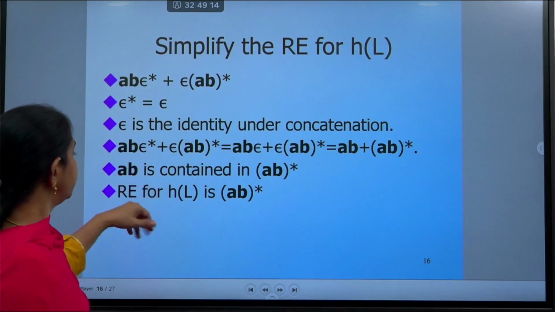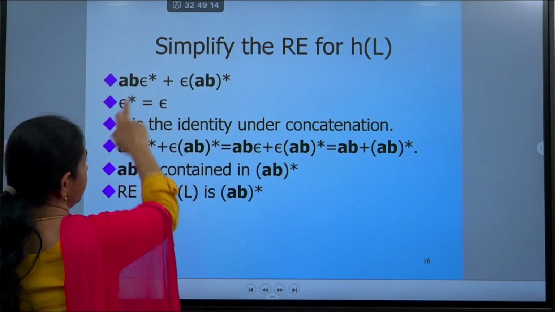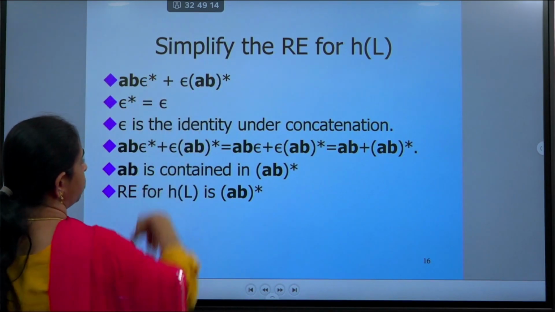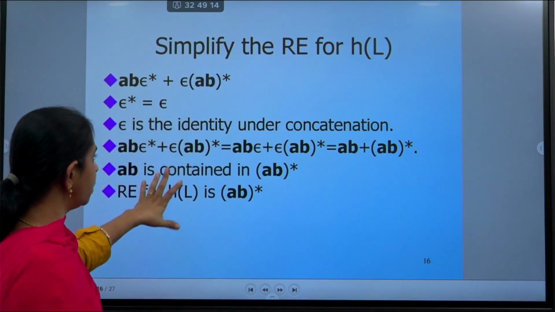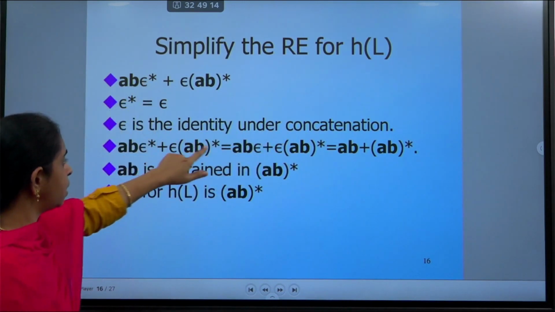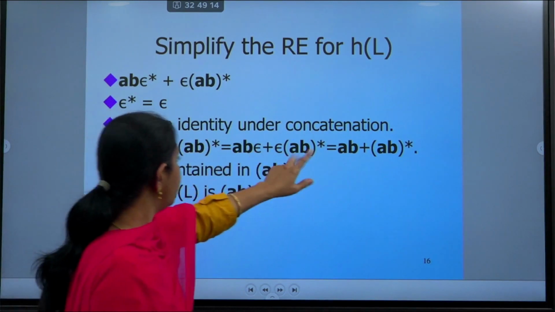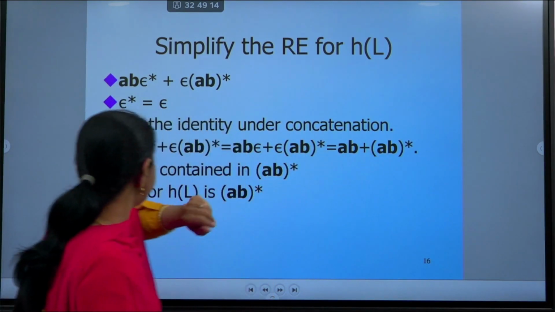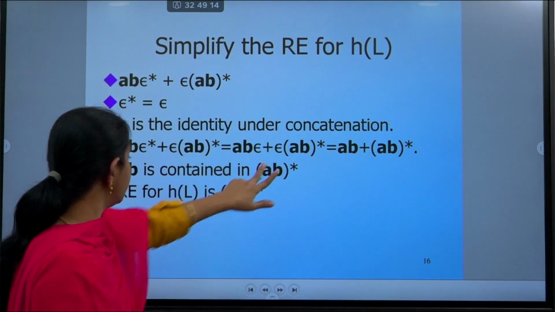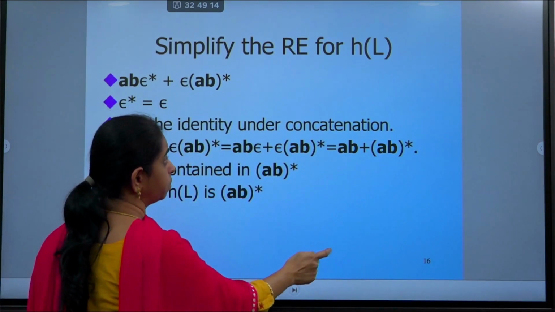Simplify this: epsilon star equals epsilon A B epsilon star plus epsilon of A B whole star. Check it carefully: we have the identity under concatenation. Epsilon star is epsilon itself, so we get A B whole star. Since A B whole star is in h of L, it is regular under homomorphism.